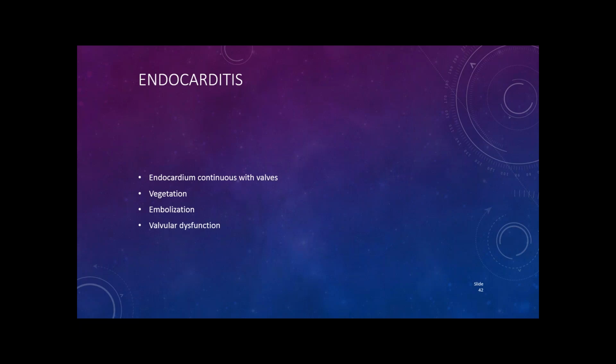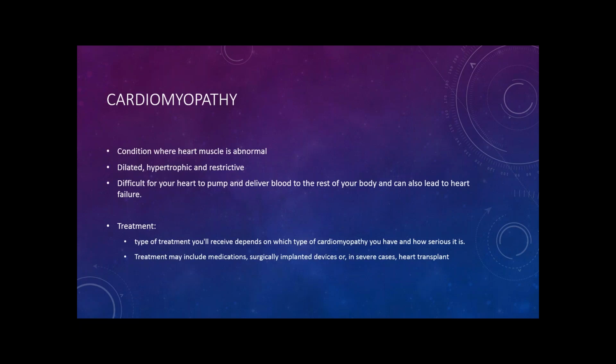Embolization can cause a problem where an embolus goes in and causes death to some of the tissue. And then if I have a valve that is not closing all the way, we call that insufficiency. Or if the valve is closed really tight and hardly opens, that's called valvular stenosis. And both of those can be caused by endocarditis. All right?